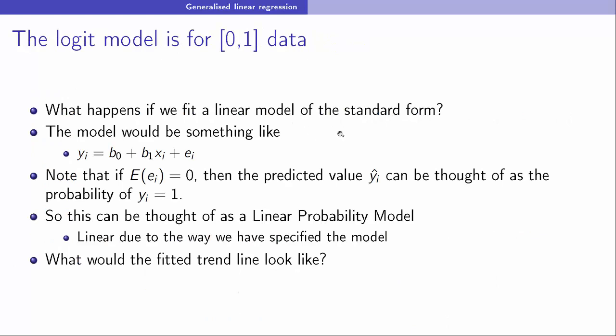Now, we know that we're going to run into some problems, but we could still model this. So we have y, our 0 or 1, equal to an intercept and a slope term, and here the x is our price. If you were to estimate this model, it has an interpretation in probabilities, and so some people call this a linear probability model. So what would this look like if we were to fit this kind of model to the data?